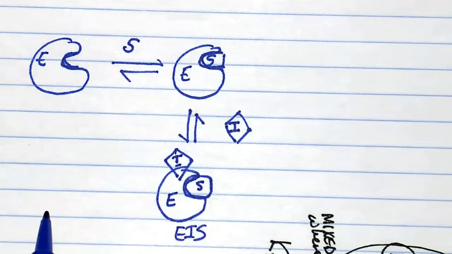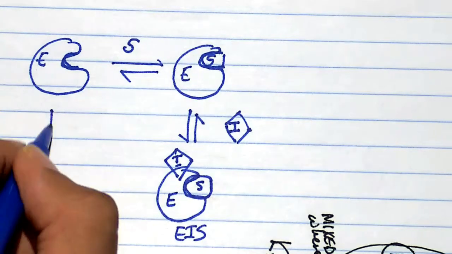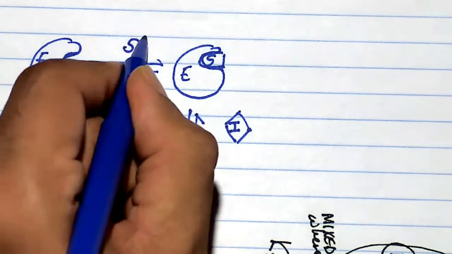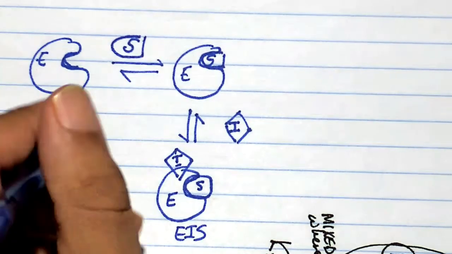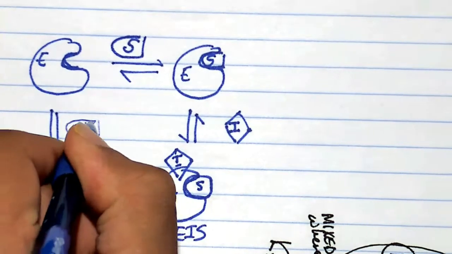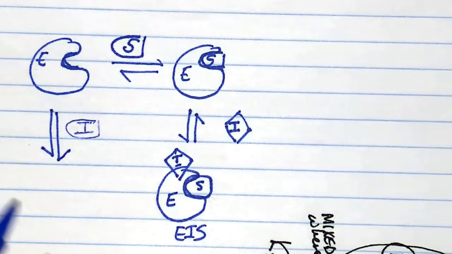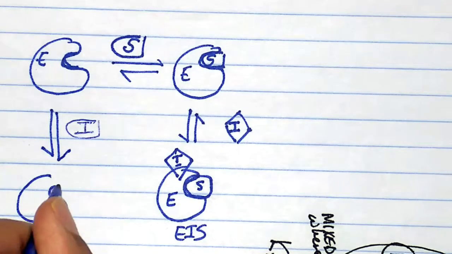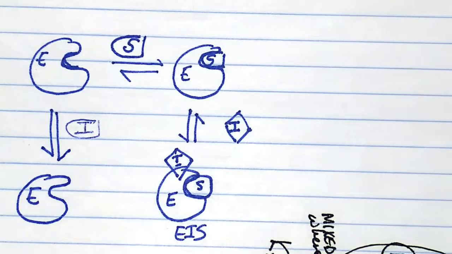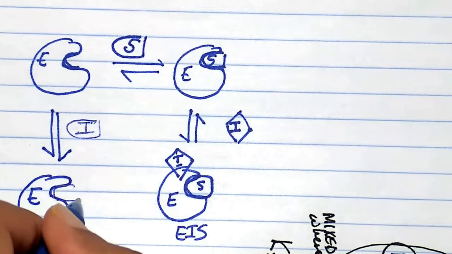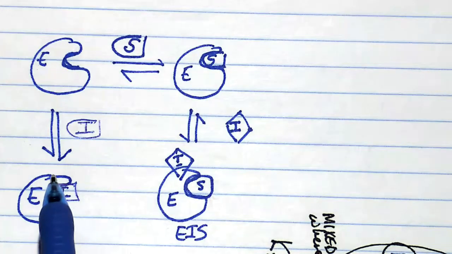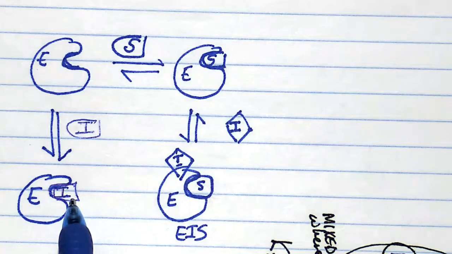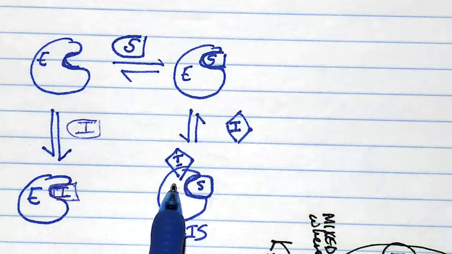But I have another problem here, and that is this. I have this guy, my inhibitor, that could come in and give me this. So this inhibitor molecule has the capability of binding to this site as well as to a site outside.